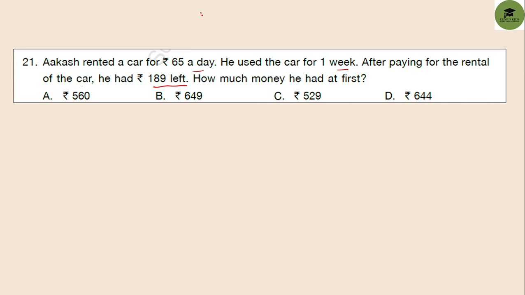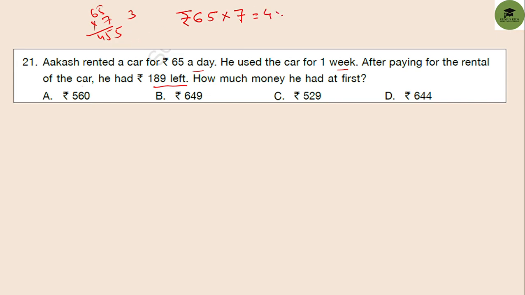So 65 rupees per day, and he used it for 1 week. 1 week means 7 days. So how many rupees did he pay for the rental? It is 65 into 7, and that gives you 455.